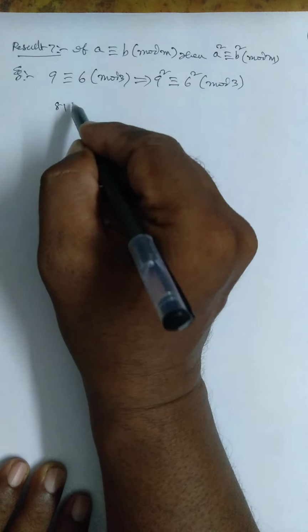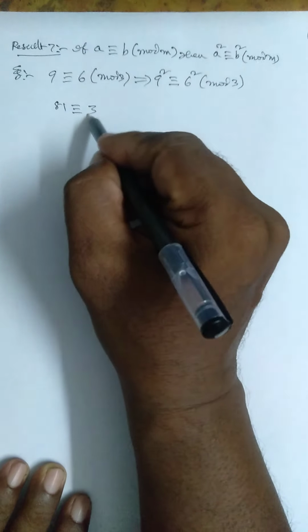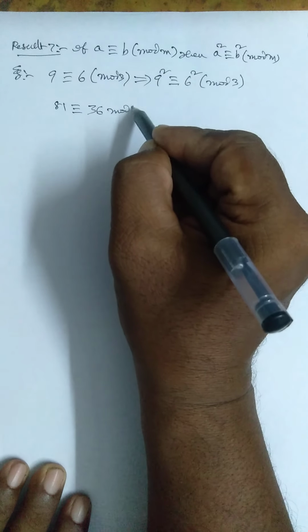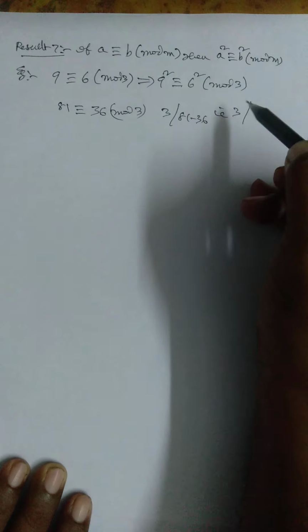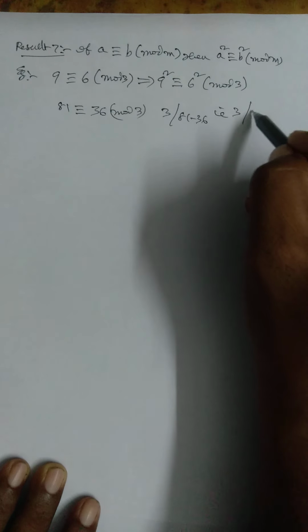So 81 is congruent to 36 mod 3. 3 divides 81 minus 36, that is 3 divides 45.